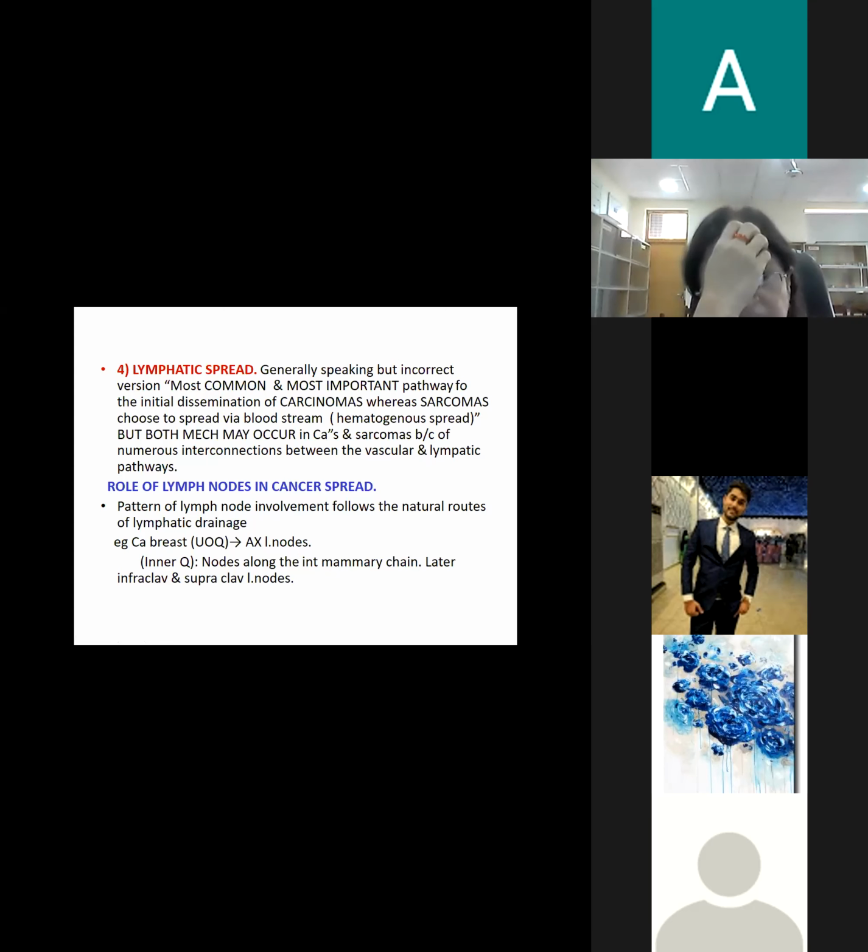So cancers of the upper outer quadrant spread to the axillary lymph nodes, and cancers of both the inner quadrants, upper inner and lower inner, spread along the lymph nodes situated along the internal mammary chain, and these can later on involve the infraclavicular and the supraclavicular lymph nodes.